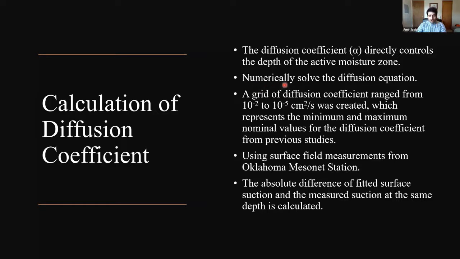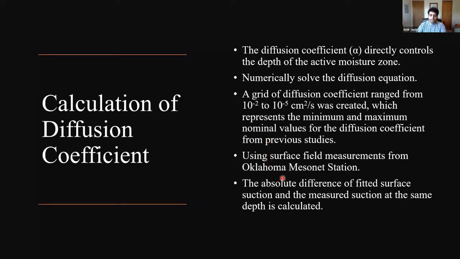To do so, we used the diffusion equation that we have and numerically solved for alpha. We make a grid of diffusion coefficients ranging from 10⁻² to 10⁻⁵ square centimeter per second. These values represent the minimum and maximum nominal values for the diffusion coefficient that we obtained through our literature review of previous studies.